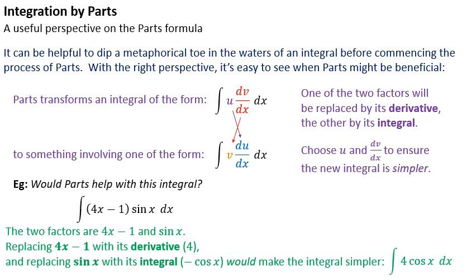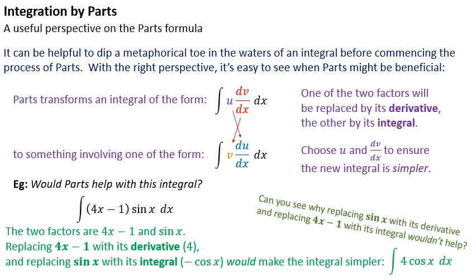We get a much nicer looking integral which will involve something like 4 times cos x. Yeah, there's some minus signs going on, and remember you'll have the uv term in front, so it's not as if your integral just completely switches across to the other one, but the bit that you're concerned by, that you need to now deal with, is the integral part of the integration by parts formula.